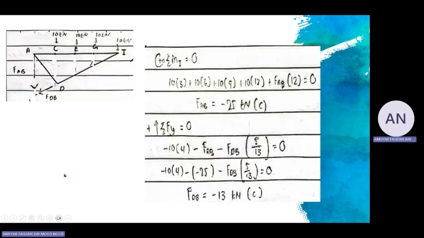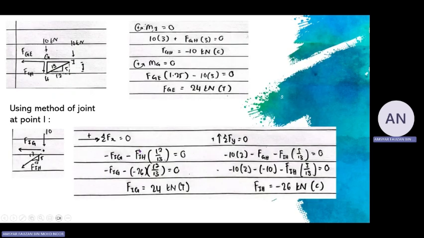And also FIH is going negative, so that's why it's minus. We multiply by 12 over 30 because it is sine theta, so sine theta equals 12 over 30. We continue, it is equal to 0, and we substitute the FIH values.